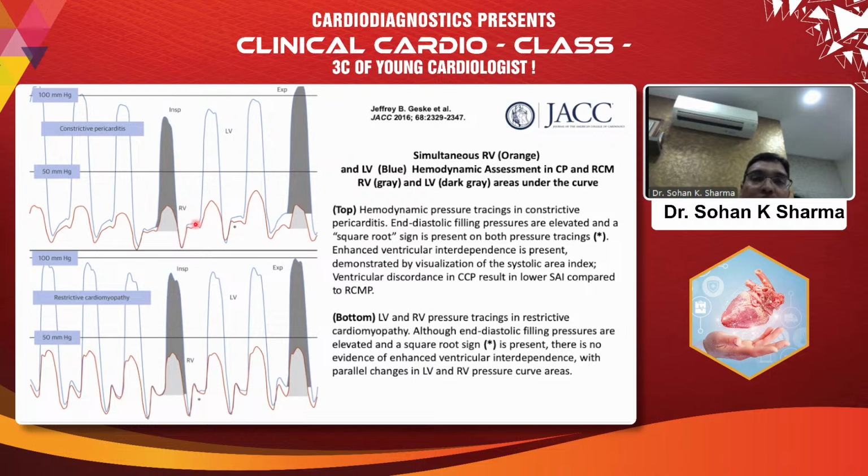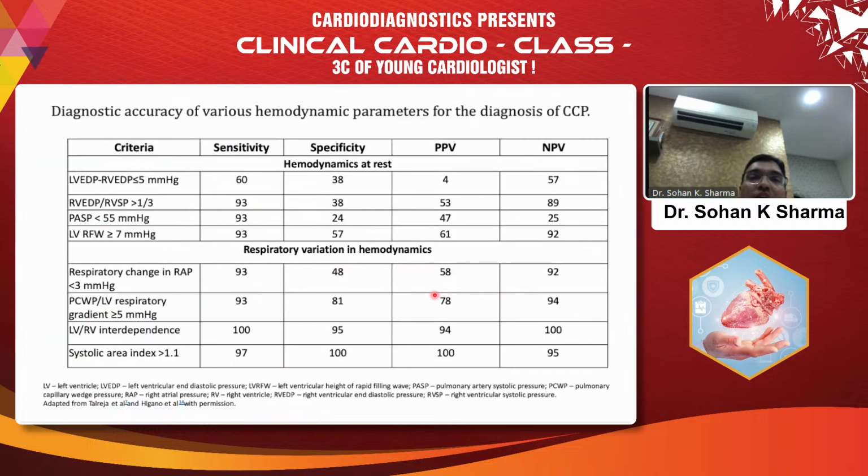So this discordance means RV is decreasing while LV is increasing, seen with CCP, while in RCMP both move in the same direction. So this is the indicator of ventricular interdependence. And systolic area index is calculated by these curves, and if it is less, then it is suggestive of CCP. If it is more, then it is suggestive of RCMP.